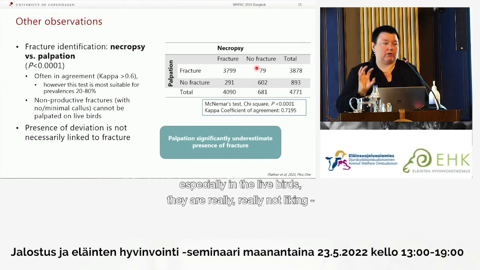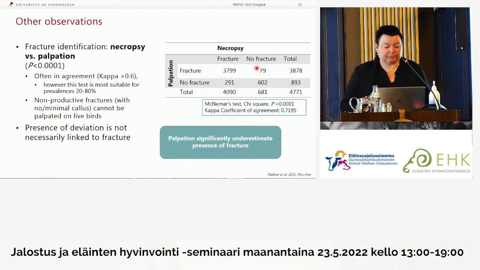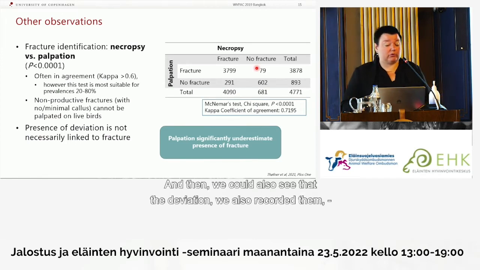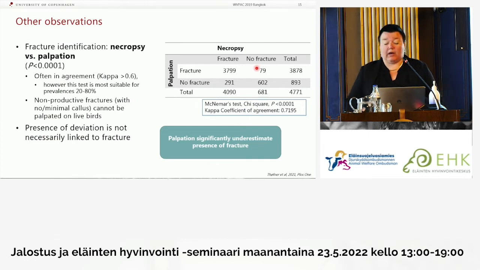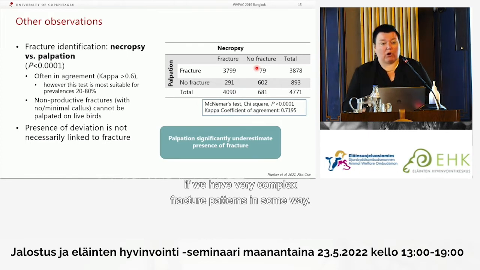They are really not liking that you are putting your index finger more or less up to the heart. And then we could also see the deviations, which we also recorded. They are not necessarily linked to fracture, but they can maybe be involved if we have very complex fracture patterns in some way.